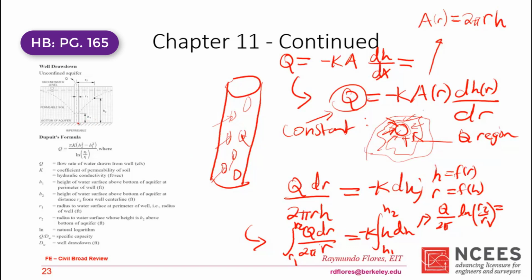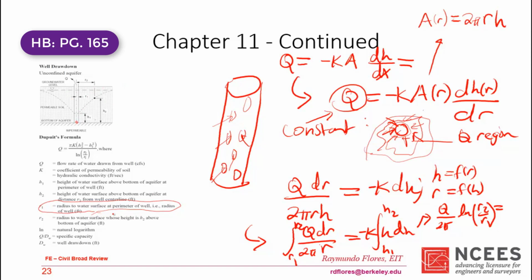So our total head at this location, where R1 is, which is important because R1 is the radius of the well, and that's always the case, no matter what. Even if you look at the confined. So this is H1 where the edge of the well is, and then R2 is where it starts to level off.